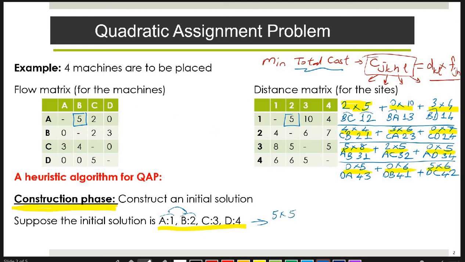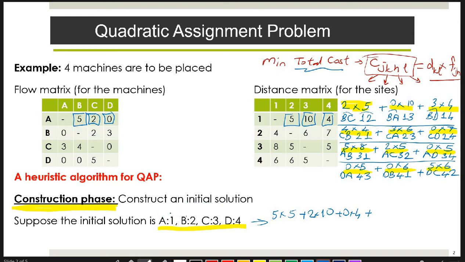Plus A to C, you will multiply this element with this element, which will be 2 times 10. And then the cost from A to D, you will multiply this 0 with this 4, 0 times 4.